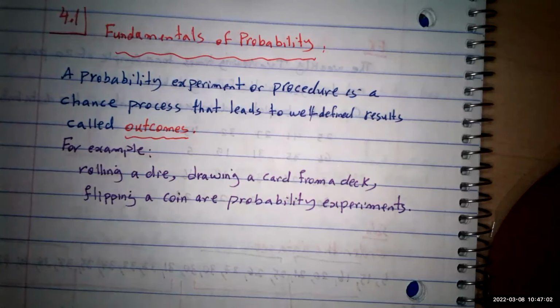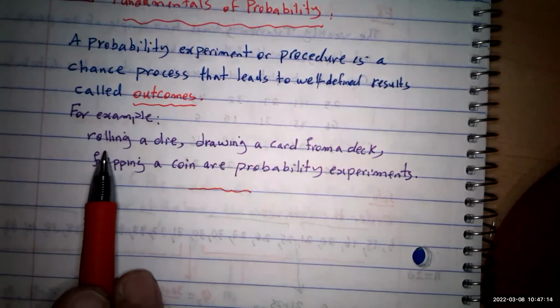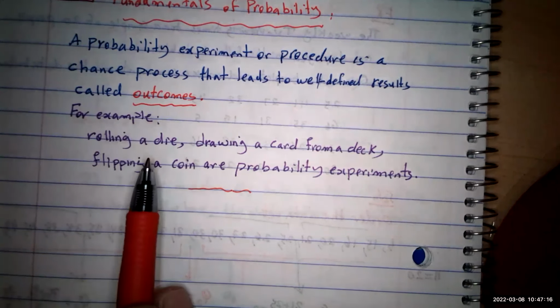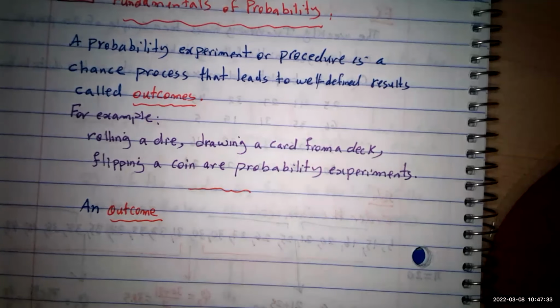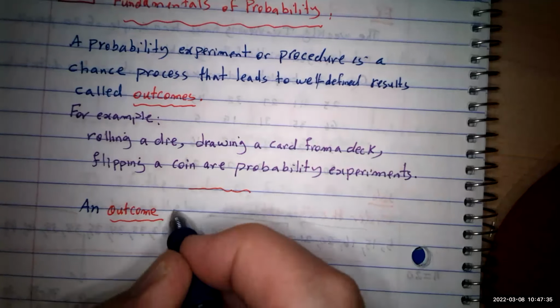Now we go on giving more terms of the probability. We already talk about the outcome. So, if you're rolling the die all the time, each time you are going to have some outcome. So officially, I'm going to talk about it again. An outcome is going to be the result of one trial.